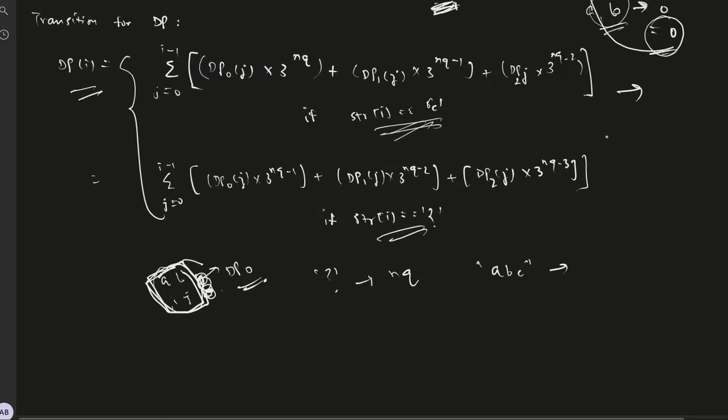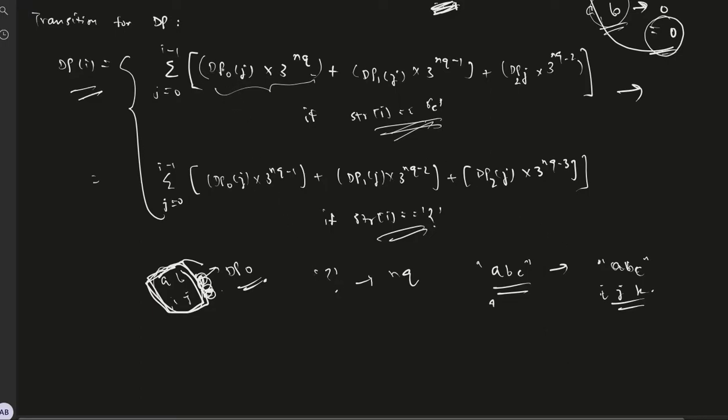for this particular case, we want the number of question marks in the whole subsequence ABC to be 0. That is, all of the indices I, J, K should have the characters A, B, C organically.